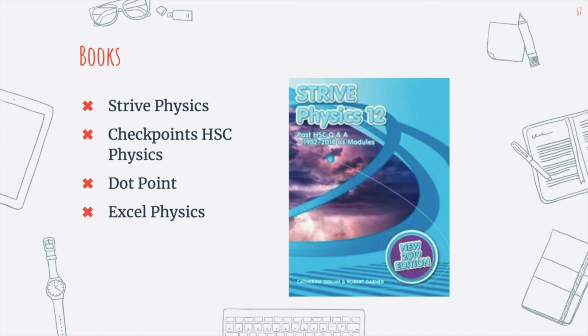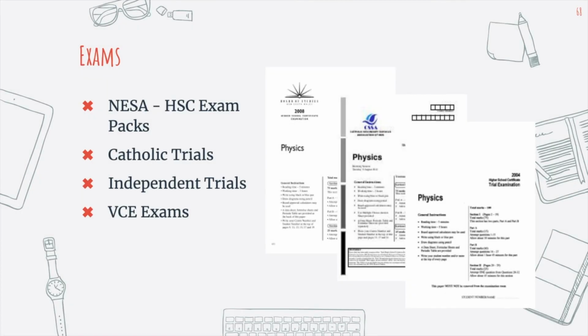There are also other resources out there which are helpful, such as the Checkpoint series, the Dot Point series, and Excel Physics. Practicing exams is going to be crucial to be in the best possible state to complete the HSC examination. And the way you can do this is accessing the NESA website online and completing the past HSC examinations, or maybe speaking to a teacher and seeing if you can access some of the Catholic trial papers or the independent trial papers.